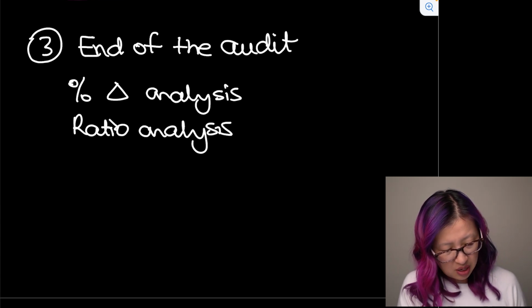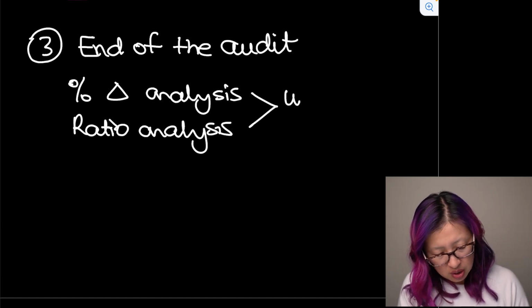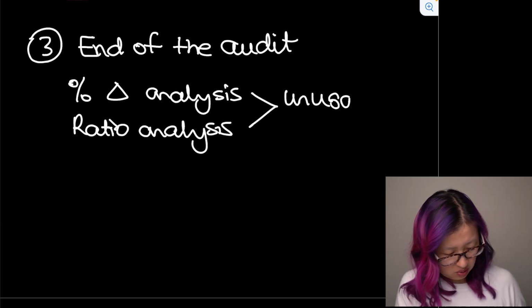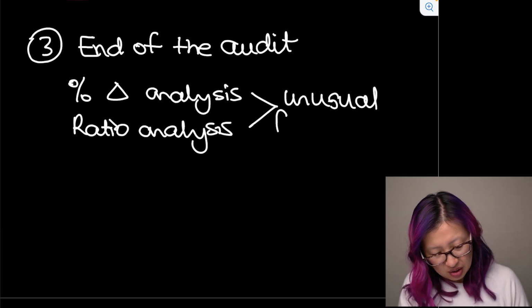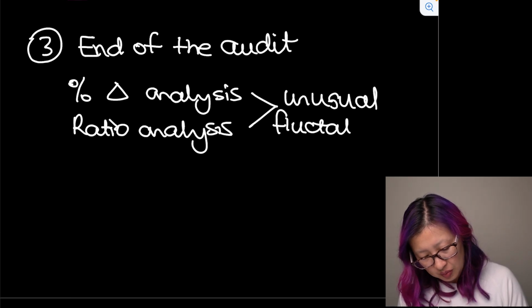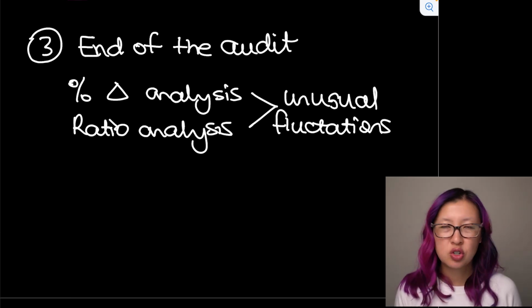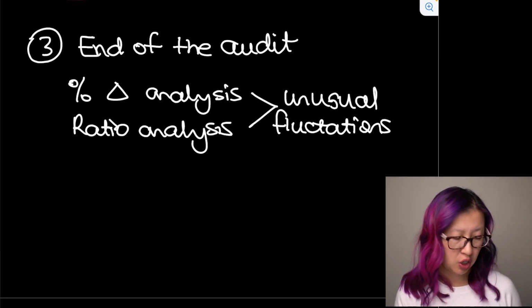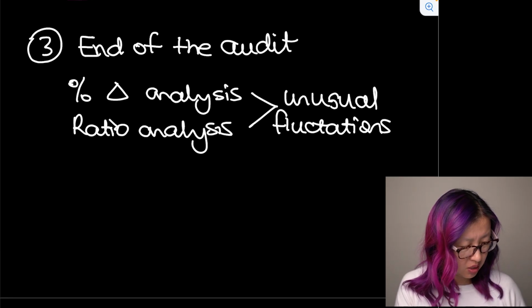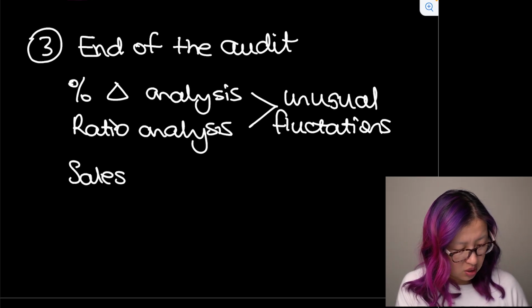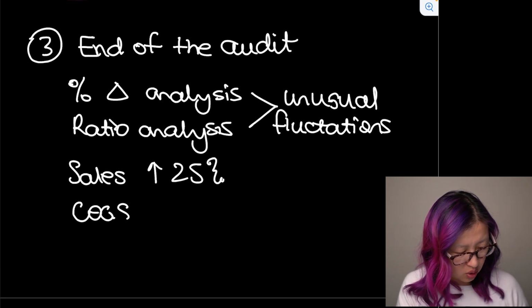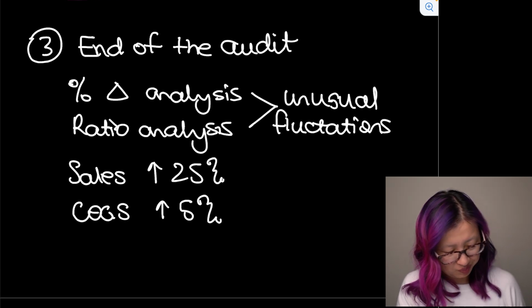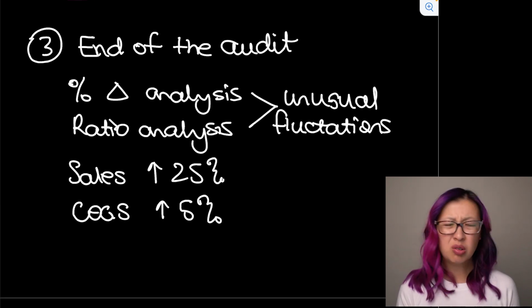What you did there was you were looking for unusual fluctuations. So when you're looking for unusual fluctuations, it could be things like a ratio is moving in the wrong direction, or it could be something as simple as sales increased by 25% and cost of goods sold only went up by 5%. All right. And that leads you to go, oh, hang on a second.